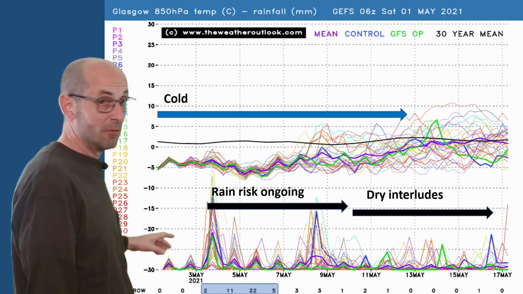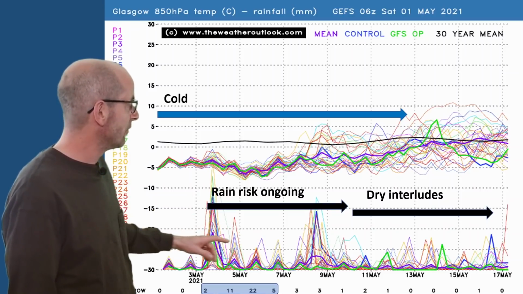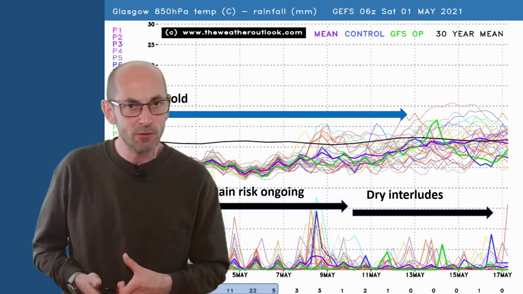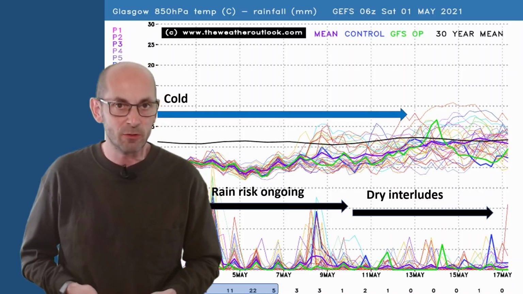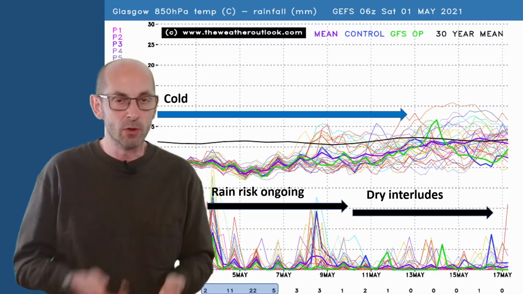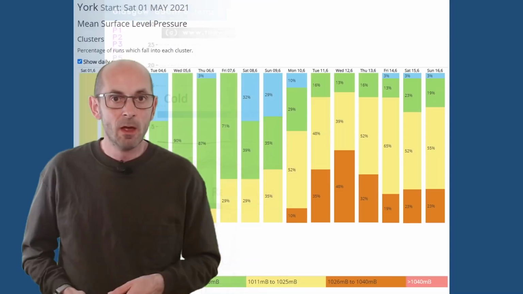And the rain and precipitation spikes, there are plenty of them going forwards. Perhaps again through the middle third of the month, there's just a hint of some drier interludes beginning to develop, but all in all, a pretty changeable or unsettled pattern.